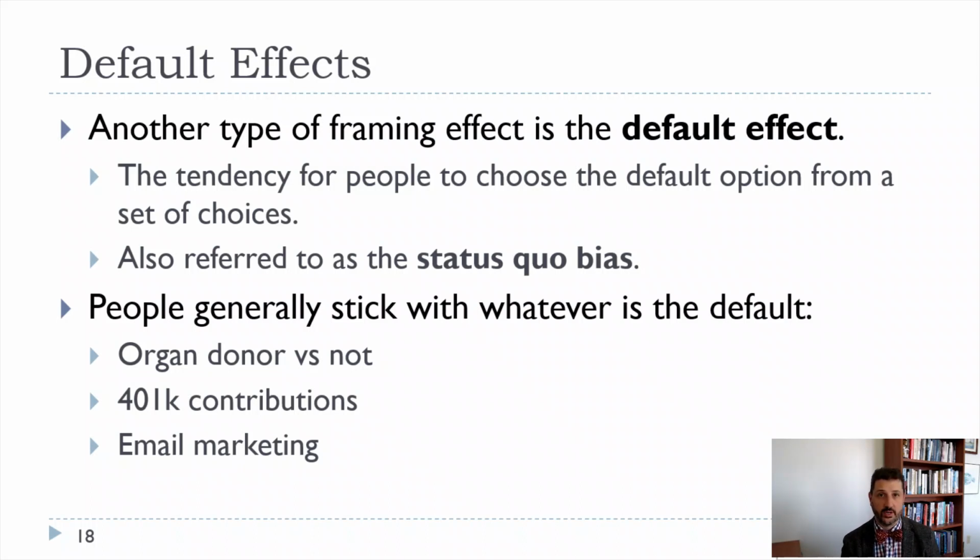Similarly with 401k contributions, right? So 401k contributions are retirement savings, and you have to sign up when you start a new job. But if the default is that people are signed up automatically and they can say, no, thank you, I don't want to be part of this, or they're not signed up automatically and they have to actively choose, that can make a big difference in how many people participate in 401k contributions, which then leads to a big difference in people's retirement savings.